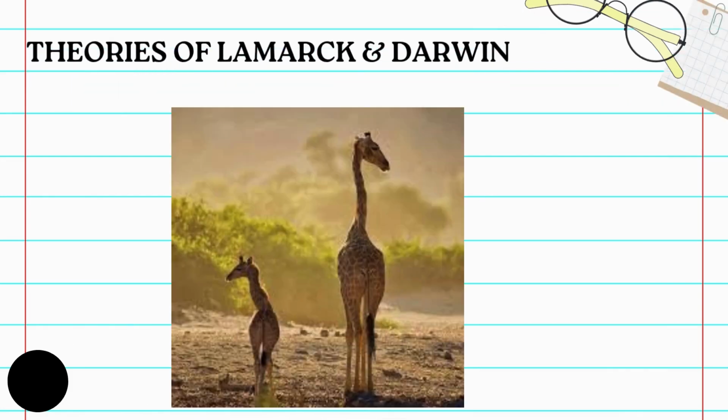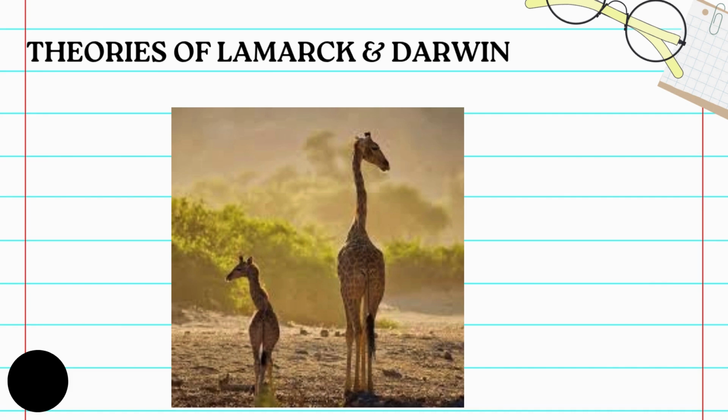So let's put this into perspective. For example, you have giraffes. Let's say a long time ago, if it was Lamarck's theory, Lamarck is saying that all giraffes had short necks, right?